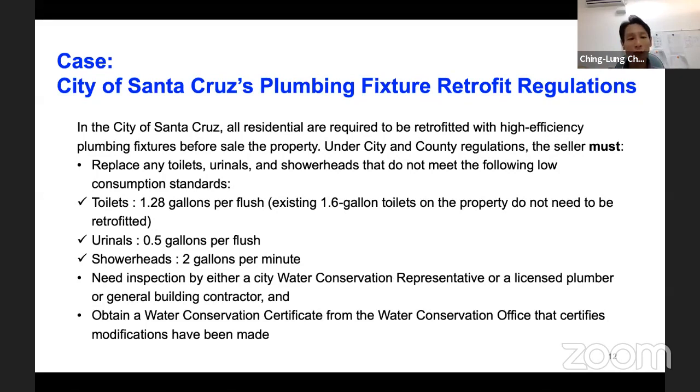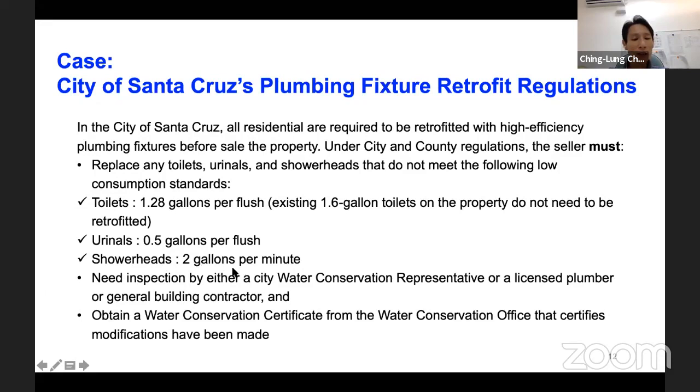So actually in Taiwan we also have a similar rule, but we don't regulate the person who wants to sell the house. In Taiwan our government just tries to recommend that families use this kind of device.